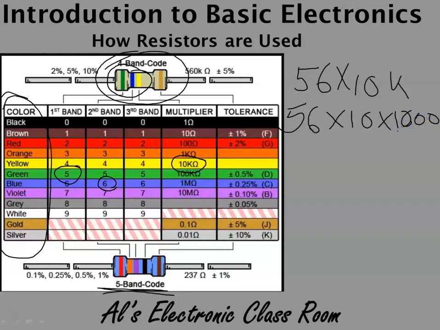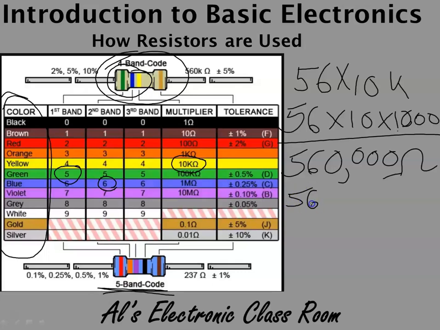What does that equal? 56 and 3 zeros, ohms. 560,000 ohms, or, because K equals 1,000, I can have 560 K ohms.